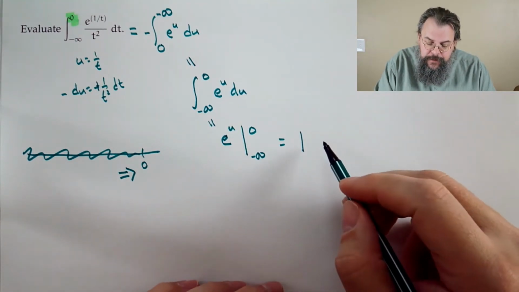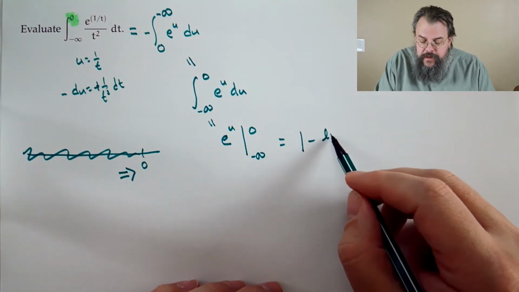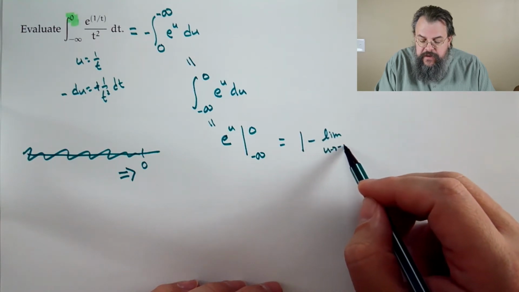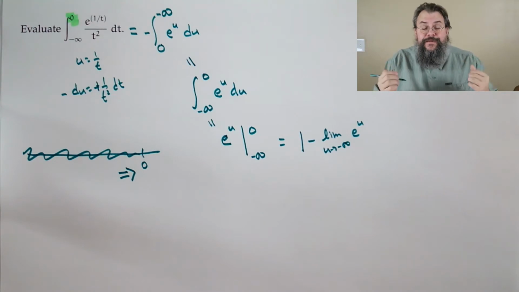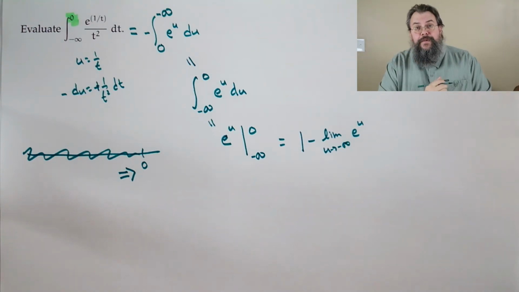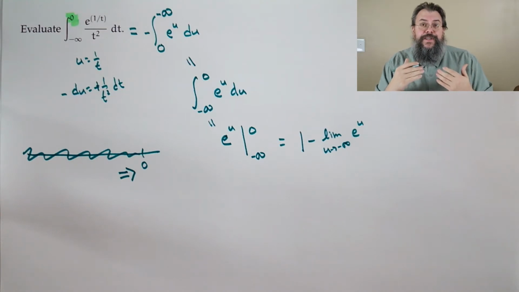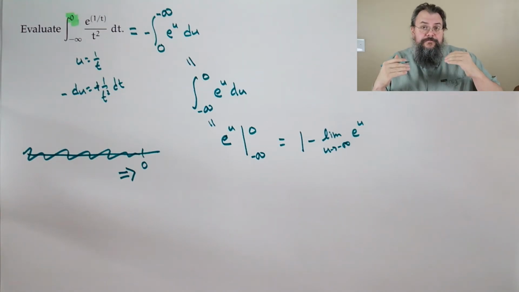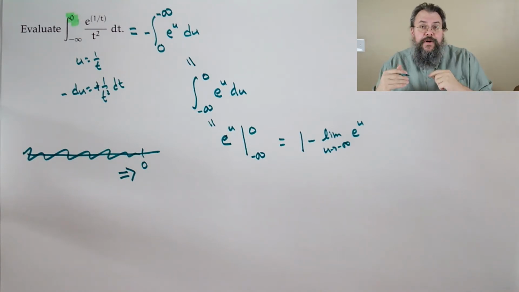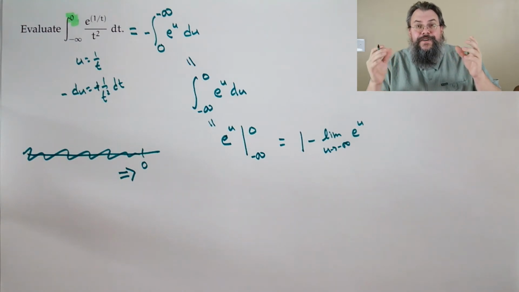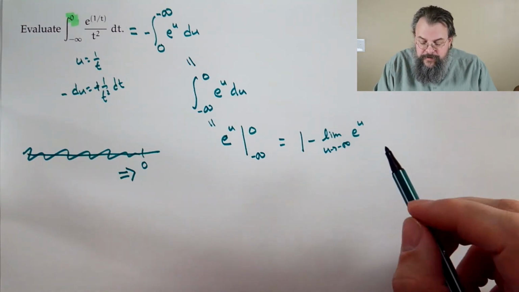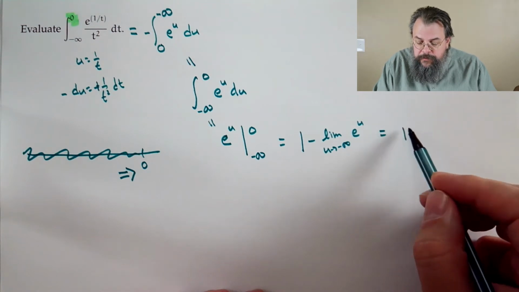So really, if we're being formal, we would say minus the limit as u goes to minus infinity of e to the u. That's what we mean by plug in minus infinity, saying what happens as we go to minus infinity. And the nice thing is we know what happens to the exponential function. An exponential function, where we have e to a very large negative number, is going to get smaller and smaller and smaller. It's going to go to 0. So we end up with 1.